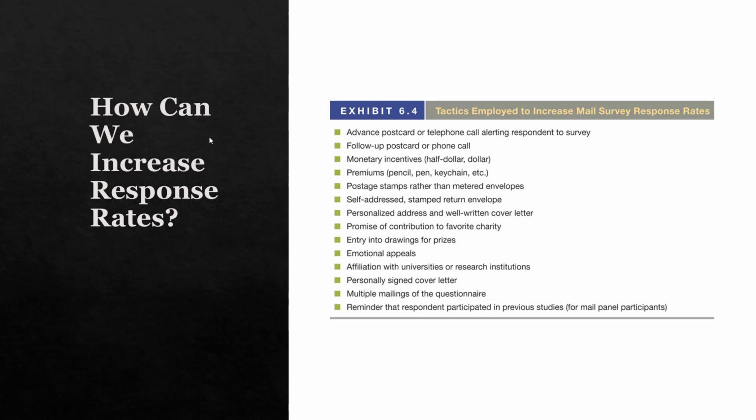Then a self-addressed stamped return envelope. You don't expect your respondents to pick up the cost of stamps. Nowadays first class is like 55 cents, and it's getting more and more expensive, compared with maybe 20 years ago, when it was like 20 cents. So respondents don't want to pay for that kind of survey.